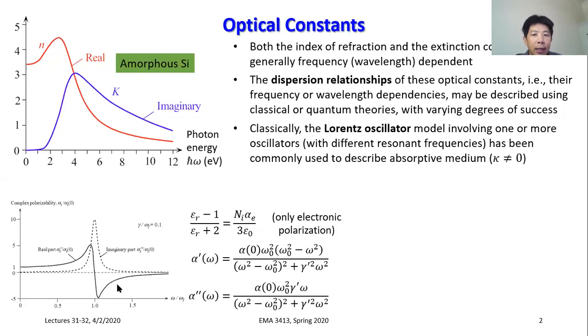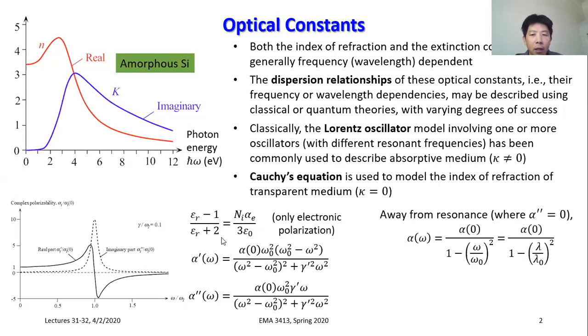Okay, so again, using the classical theory, you can explain it a little bit. For example, if you look at this index of refraction change on this side, whenever the imaginary part gets to a maximum, you're going to have a significant reduction in the index, the real part.